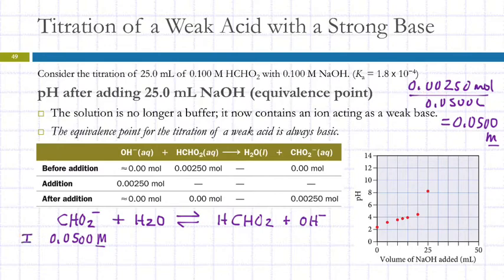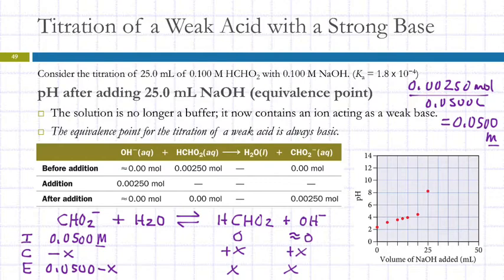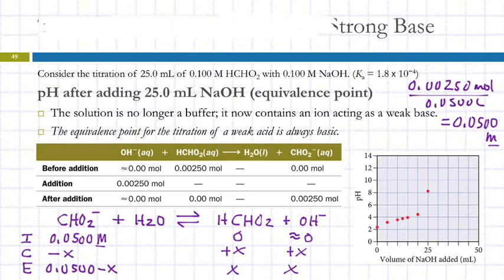So we're going to start that with initial, and then we've got change and equilibrium. So we're starting with none of that and essentially none of this. Then we've got minus x and plus x and plus x. And so at equilibrium... now I'm out of space.